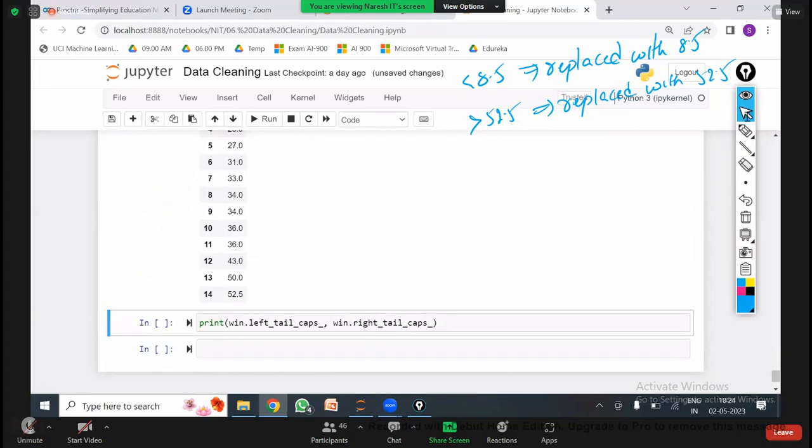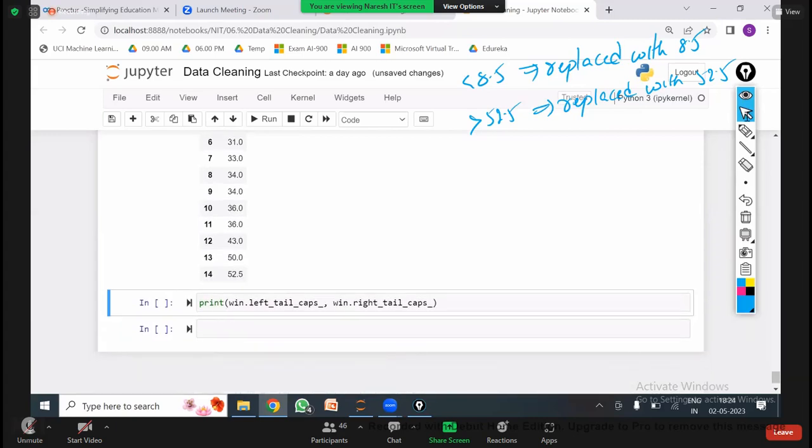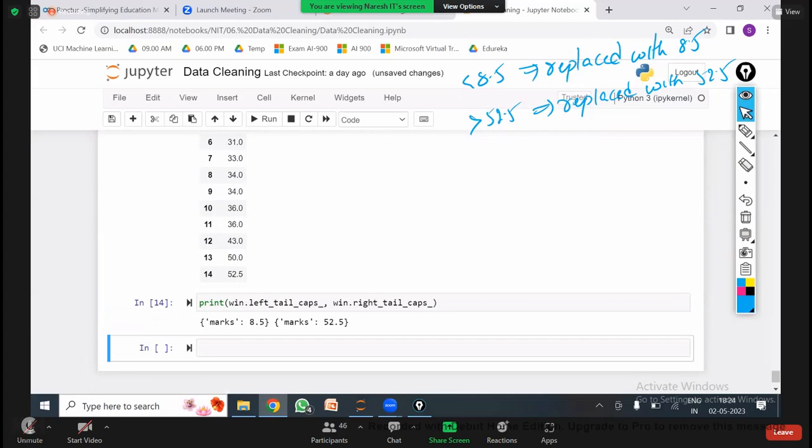Okay, is that clear? So what are the left tail cap and right tail cap? Left tail cap is 8.5 and right tail cap is 52.5. Anything greater than 52.5 is replaced with 52.5, and any value less than 8.5 is replaced with 8.5.